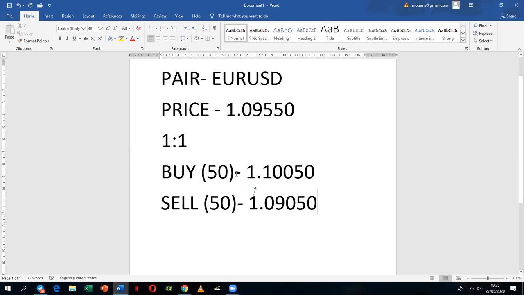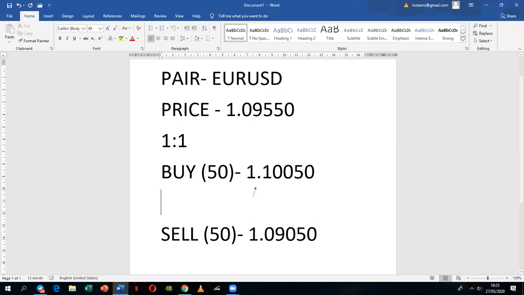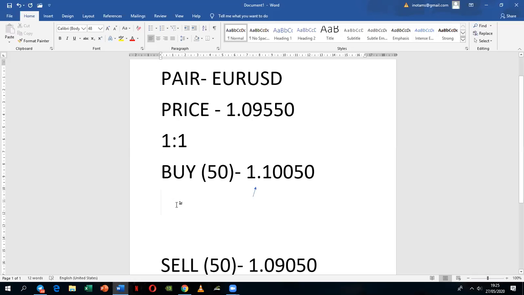So let's say I was buying Euro USD with a 50 pip target in mind. Let me say I'm also using a stop loss of 50 pips. In this case, let's deal with the buy position.